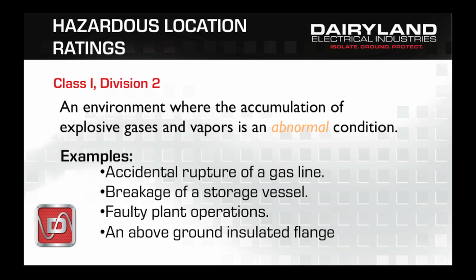For DAIRYLAND, the installation of our decouplers on an insulated flange is very common. Here we are concerned with the breakdown of the flange insulator and the venting of the pipe contents. But again, this is an abnormal situation.